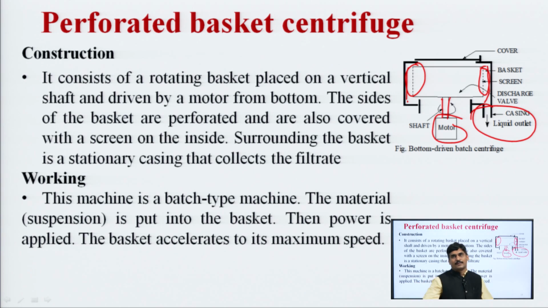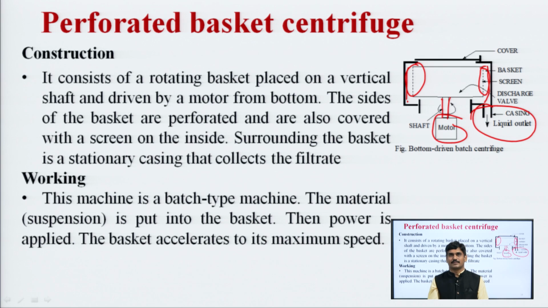Now, the working of this perforated basket centrifuge. It is a batch type machine, that means you keep the slurry inside the centrifuge, start the centrifuge, separate the liquid and solid particles, collect the filtrate, clean the centrifuge, then again put a new batch of slurry into the centrifuge.